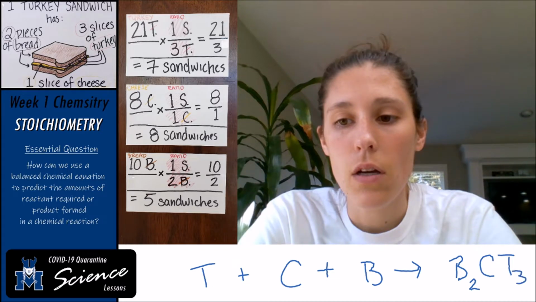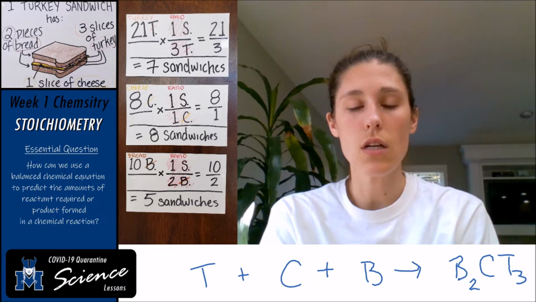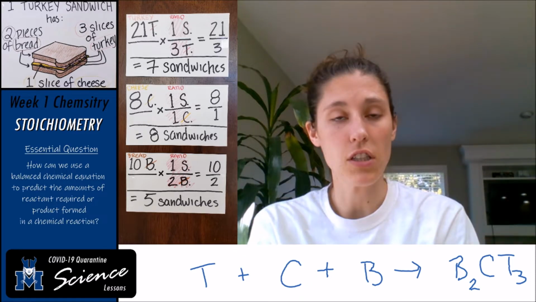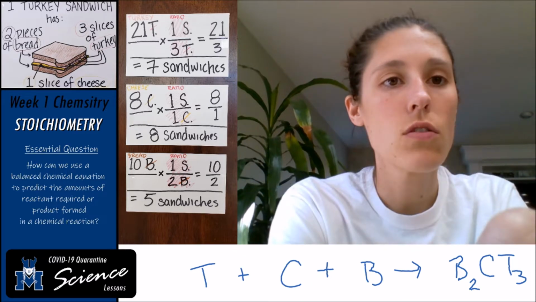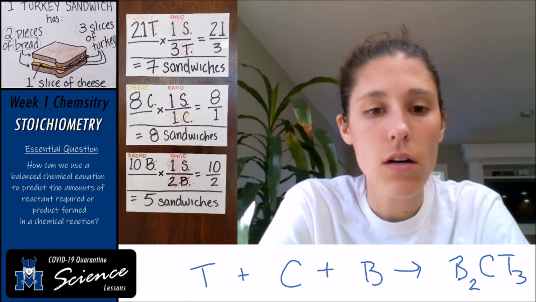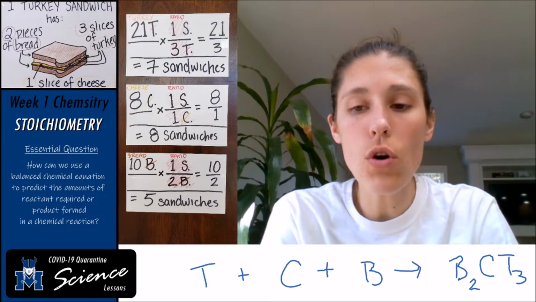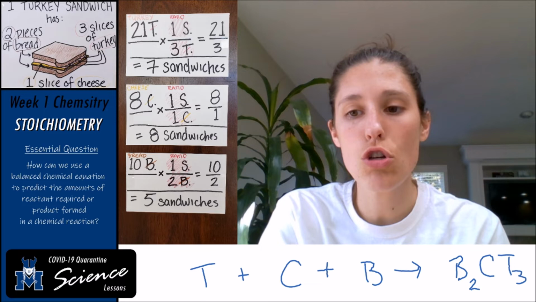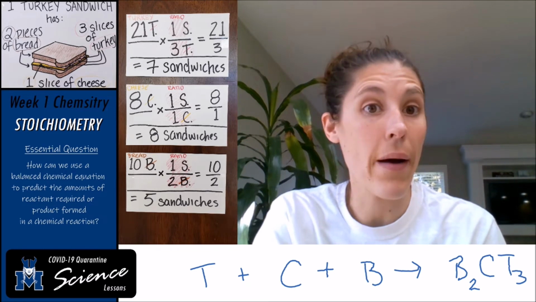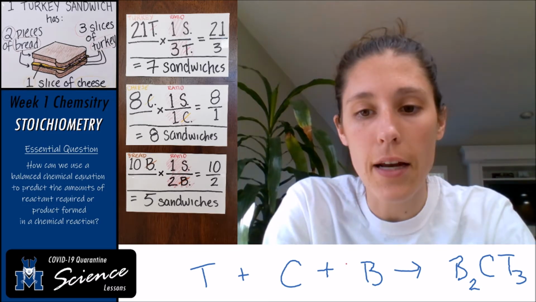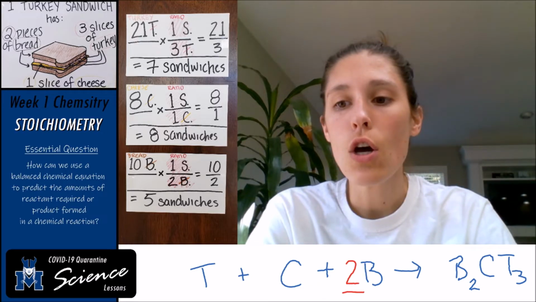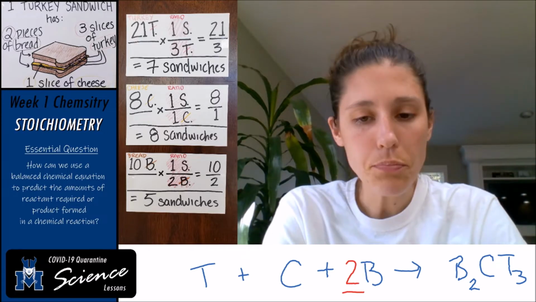But this equation is not valid yet. It's not balanced, so we're going to need to add our coefficients. In order to balance this, in the products we have 2 B's, and in the reactants, as it's written, there's just 1. So we need to add a 2 out front of the B. We have 1 C on both sides, so that's good.